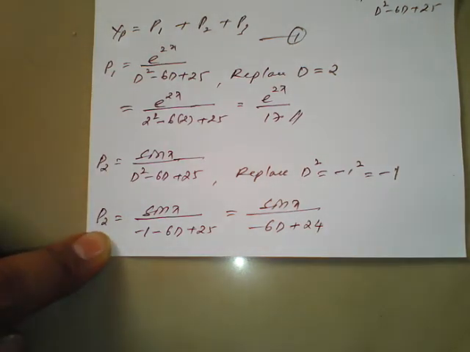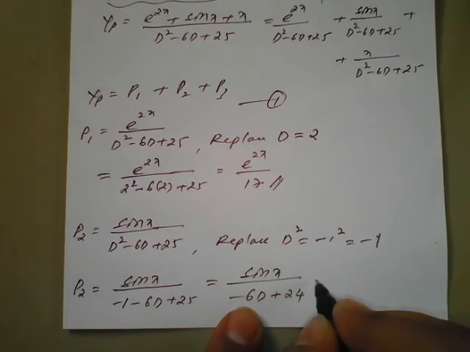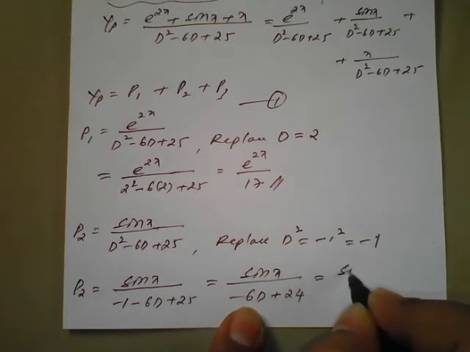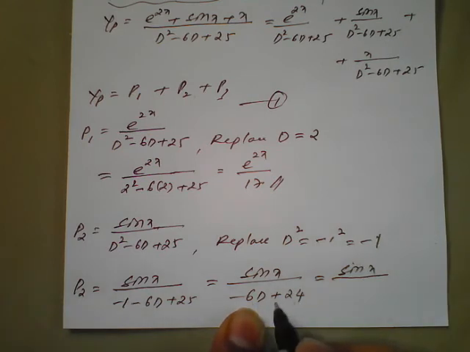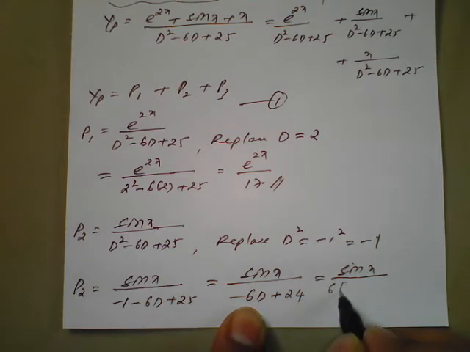So which I will rewrite as sine of x divided by... among this you take 6 common. If I take 6 common, what is left inside? Minus D plus 4. So we'll rationalize this in the next step.